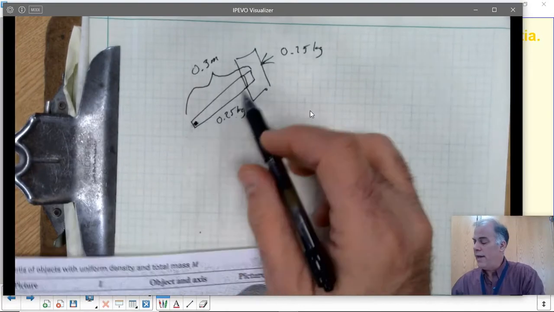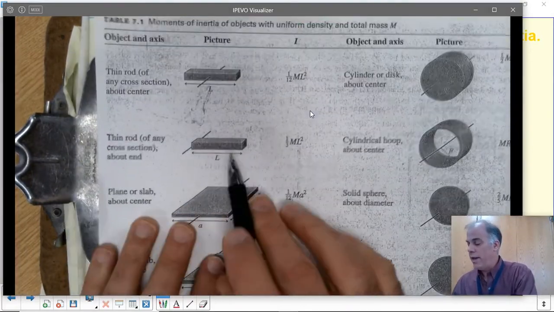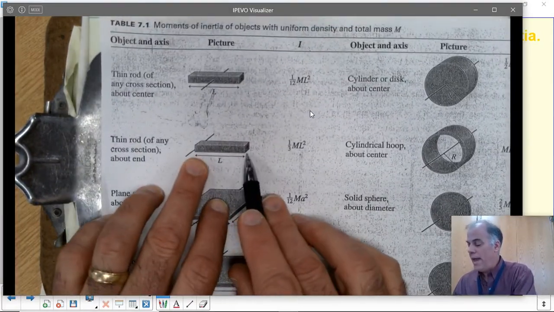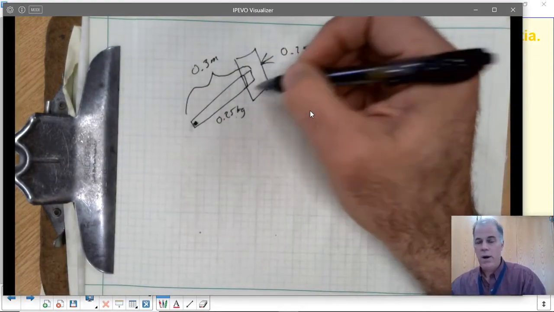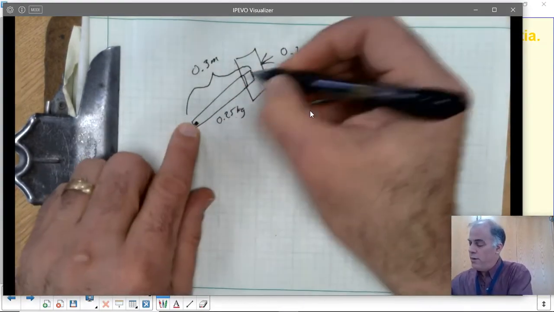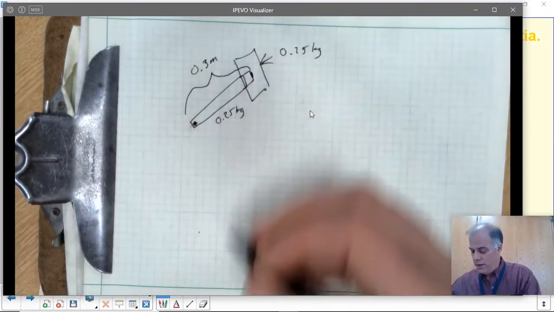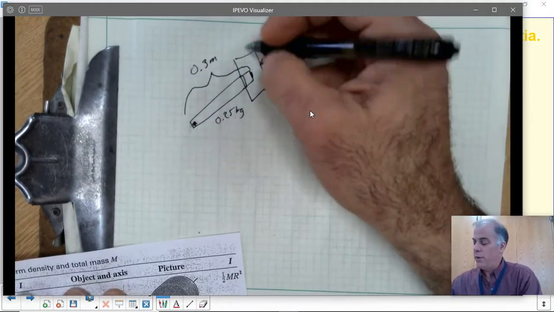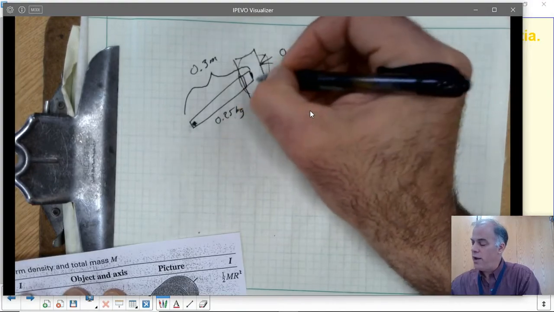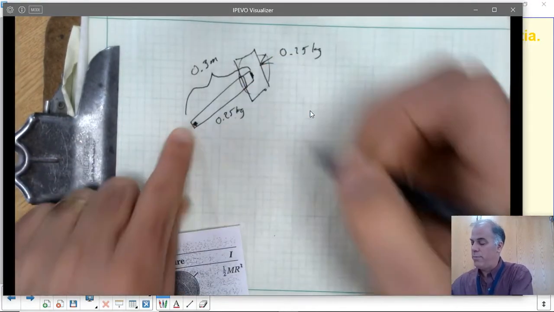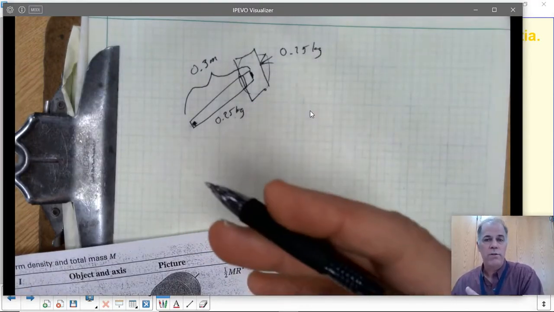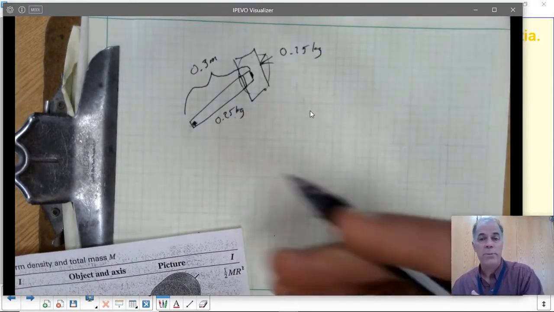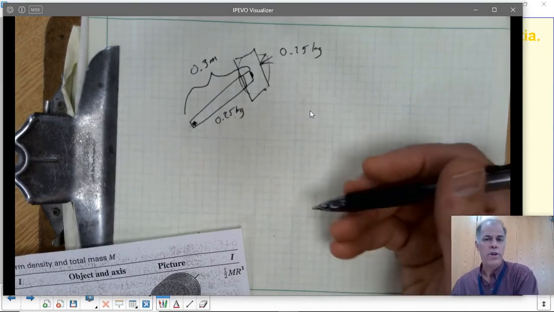So we can do one calculation to find the rotational inertia of the handle, and then the head of the hammer is 0.3 meters from the center of rotation, and it is more like the original thing we looked at. So it's all of the mass is concentrated out here, the same distance from the handle. And since the units of moment of inertia are the same, we can just add them together and get the total moment of inertia of the object.